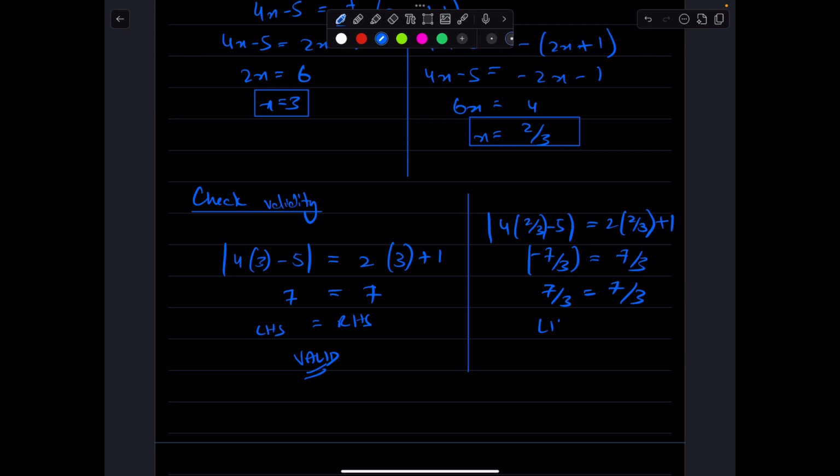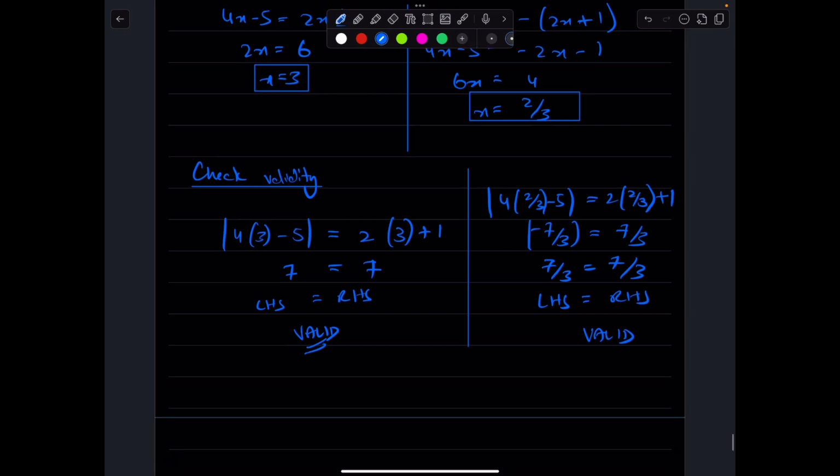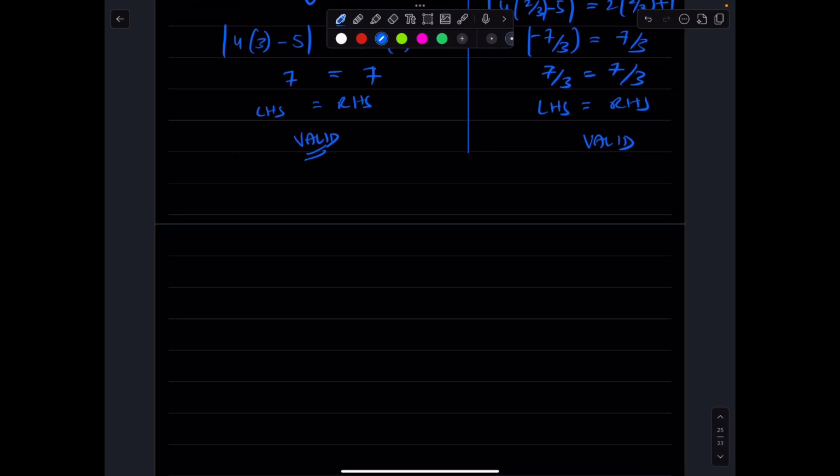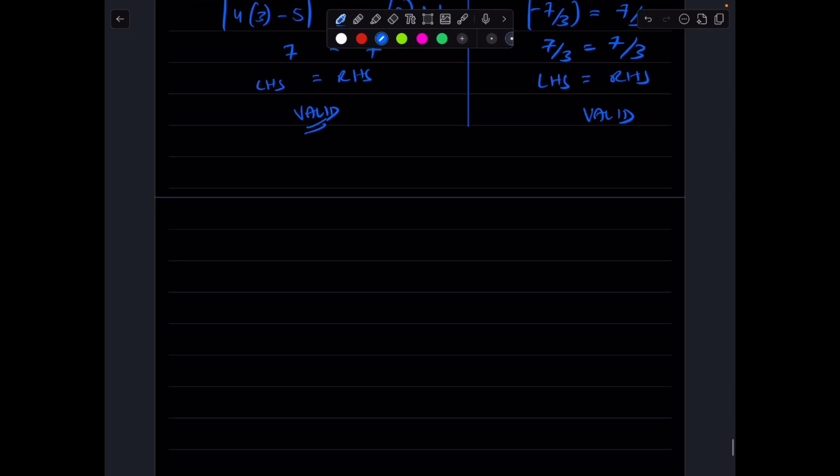So left hand side equals right hand side, and this answer is also right. You will have to reject any of the answers if the right hand side is not equal to the left hand side. Let's take for example, this will be our last and final example for this class.